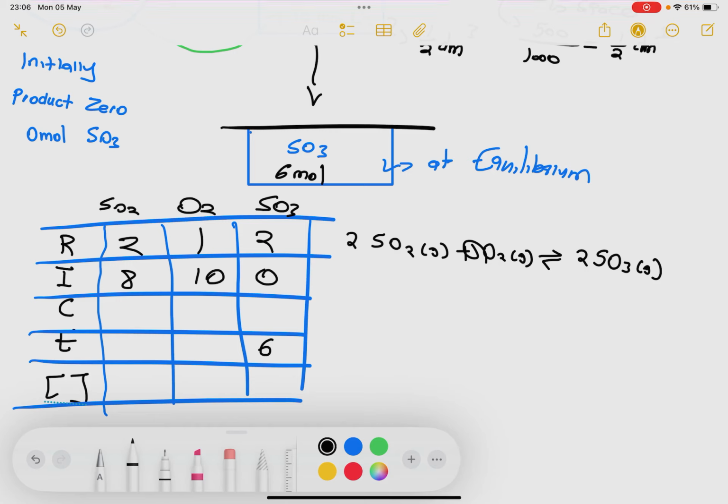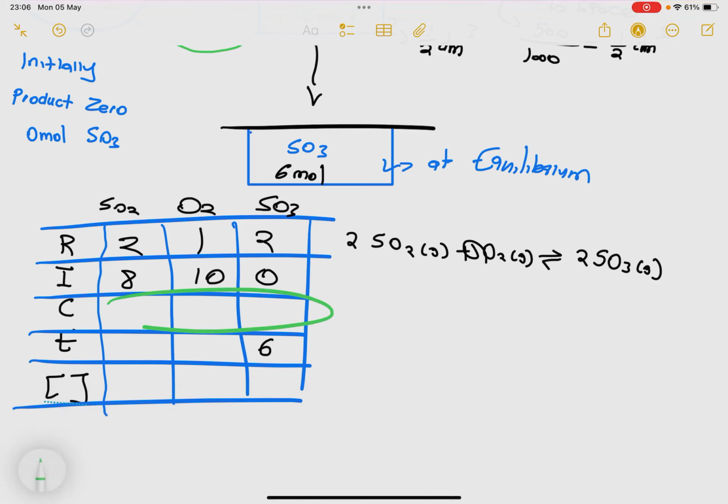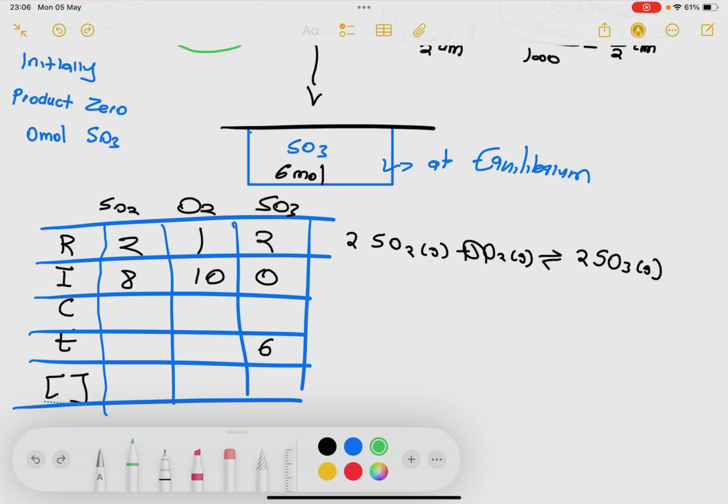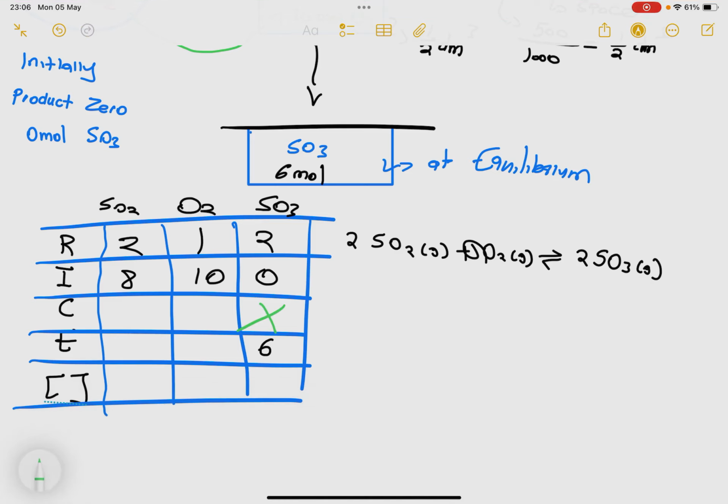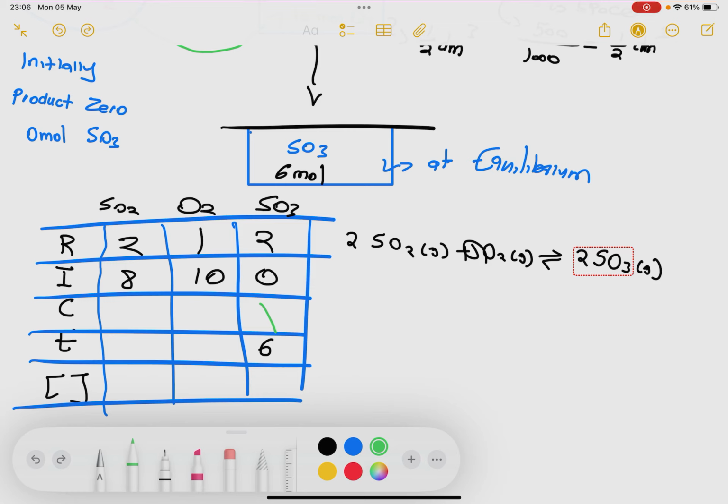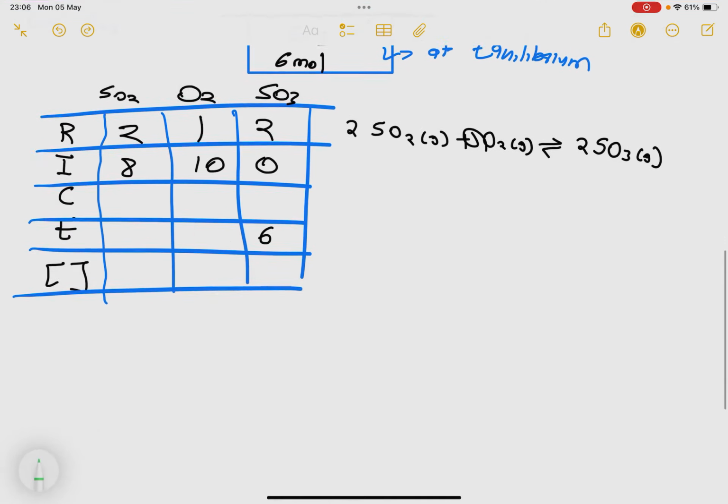So now, let's just focus on change, right? Change means... in fact, let me just show you something before I go any further.